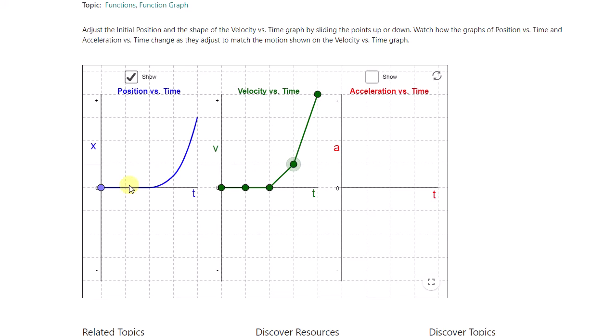So we start off with no displacement and no velocity. No velocity says don't move. So the position isn't moving, saying that we will have zero velocity along this point. Again, the next section, there's no motion, so there's no velocity.